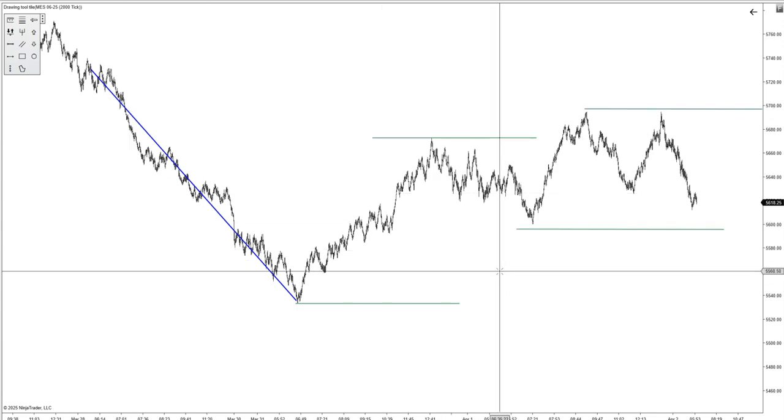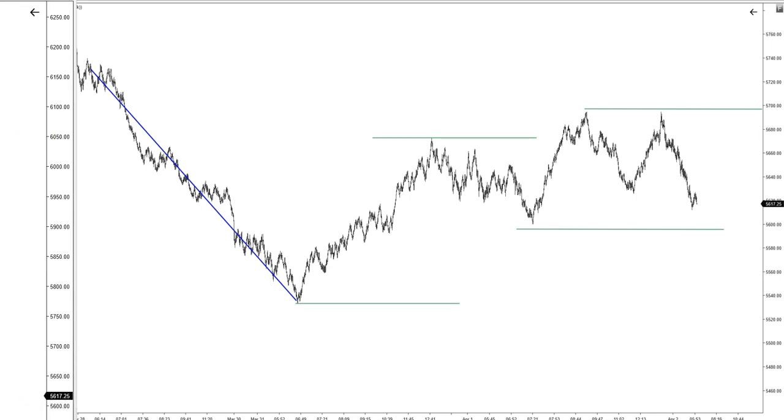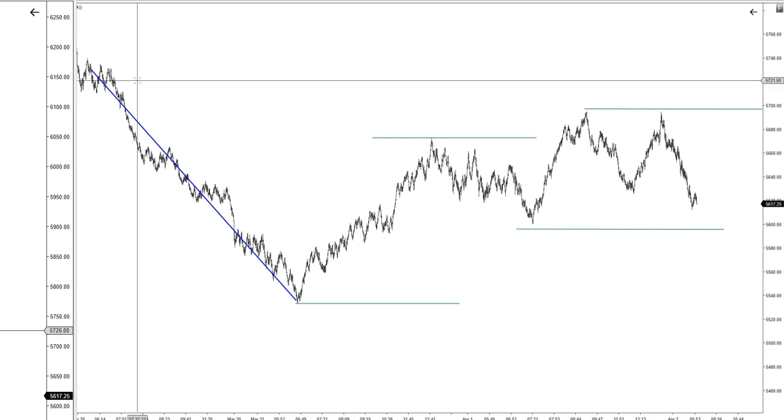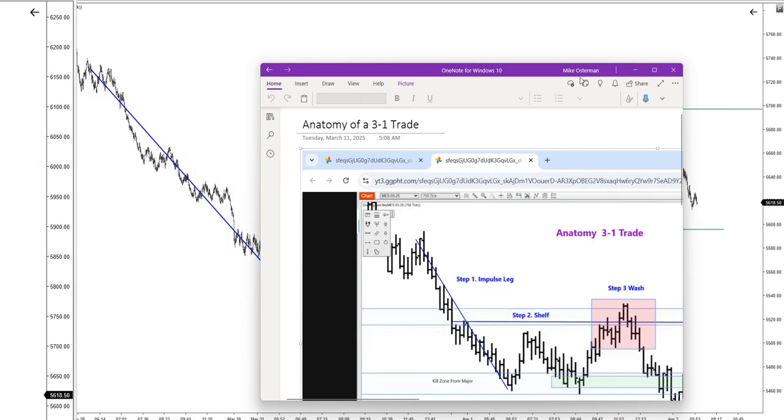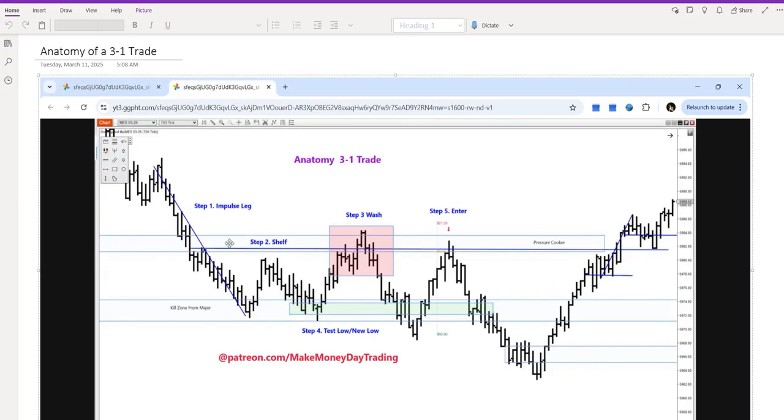And we're 3-to-1 traders. So when we're looking at a chart to get in on a trade or get out on a trade, we are looking for a couple of things. We're looking for an impulse leg, right?